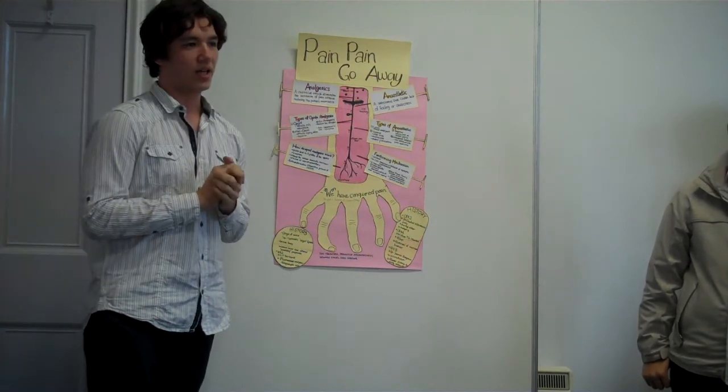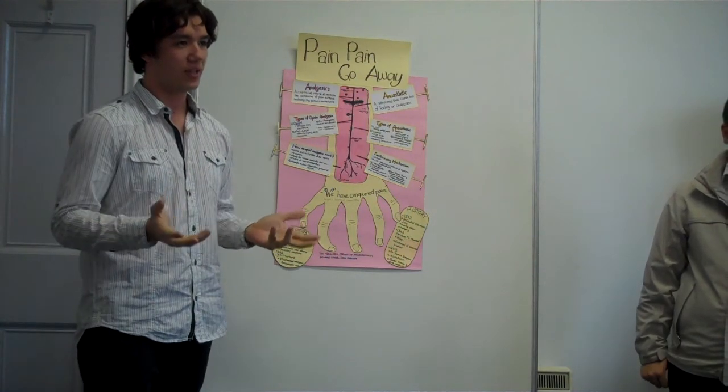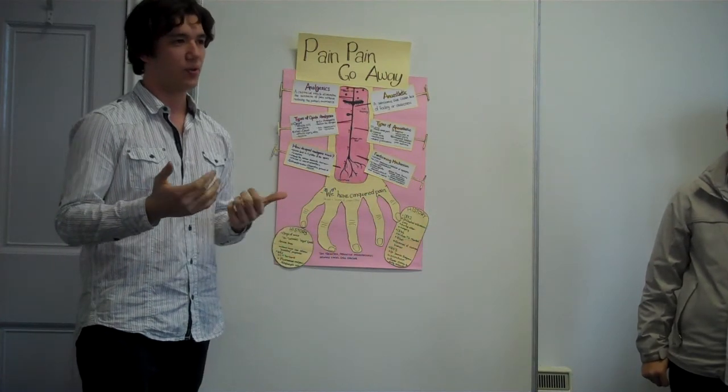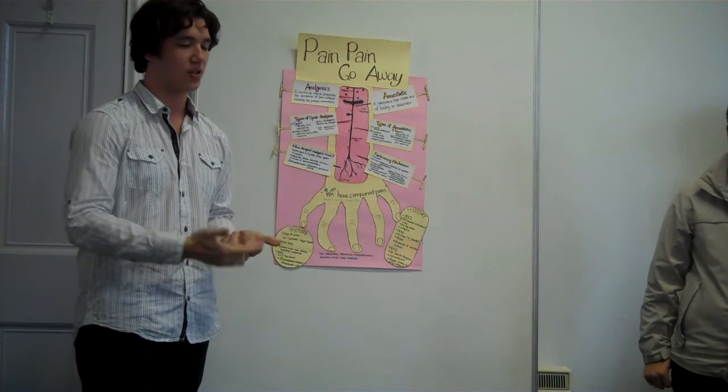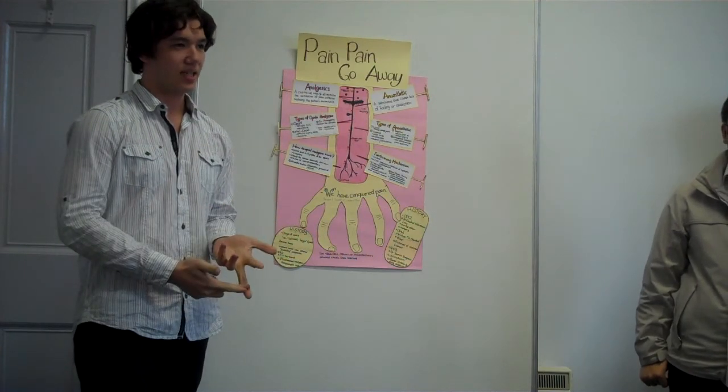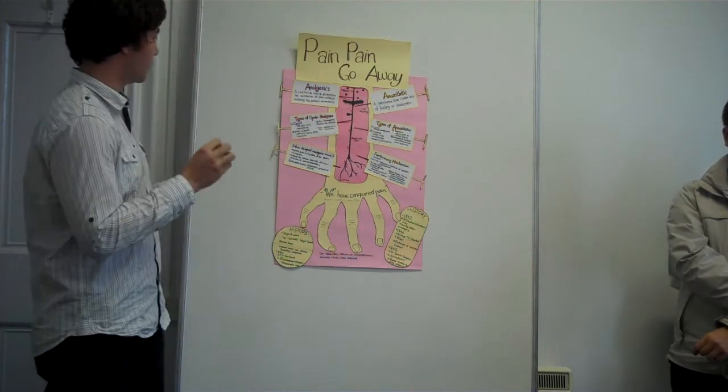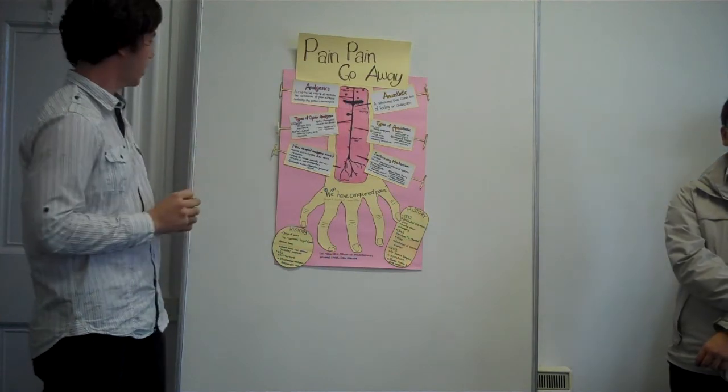So basically there are a number of analgesics. Just to name a few, there are paracetamol, COX-2 inhibitors, and NSAIDs, but today I will be just focusing on opiate analgesics.